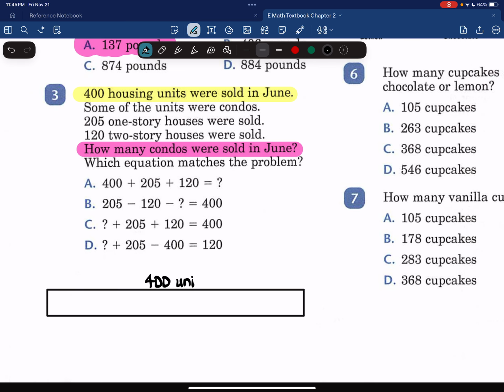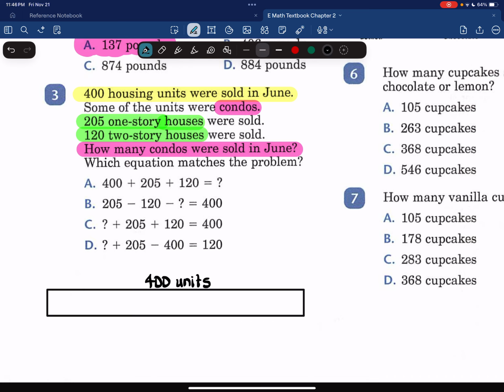I'm just going to call it 400 units. And we know that we had 3 different kinds. We know that we had condominiums or condos. That's the unknown. And we know that we had 205 one-story houses and 120 two-story houses.